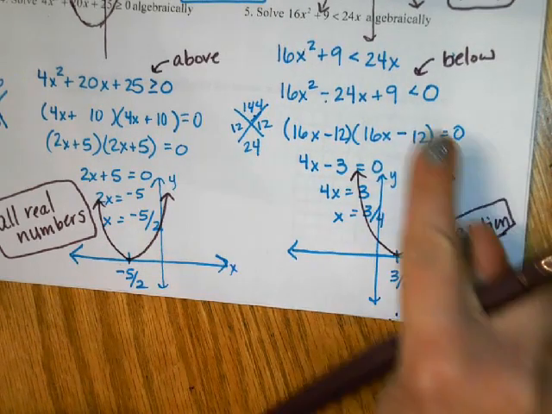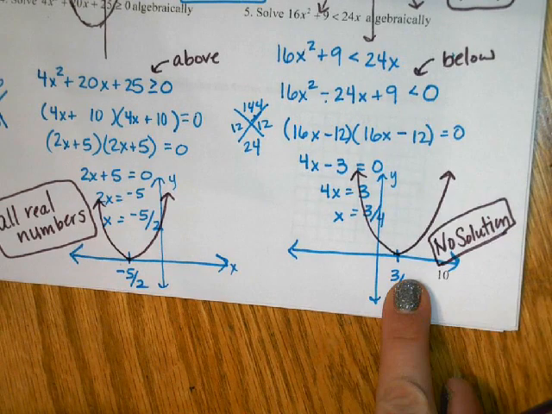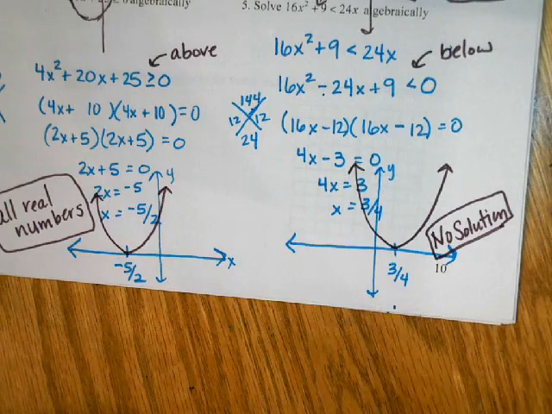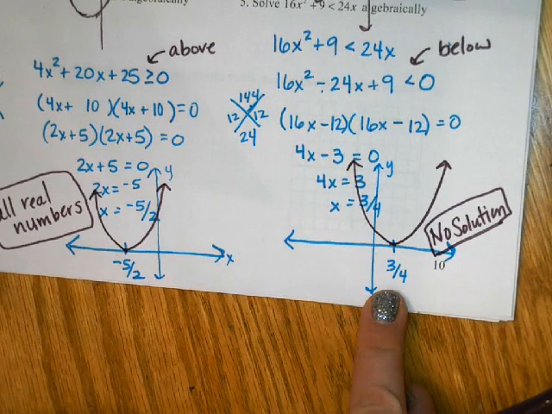You bet, yes. If that would have been a greater than, then we would have said, heck yeah, that guy's above the x-axis at all times, so then it'd be all real numbers. Good job, Lexi. You're welcome. Thank you. Okay, anything else?